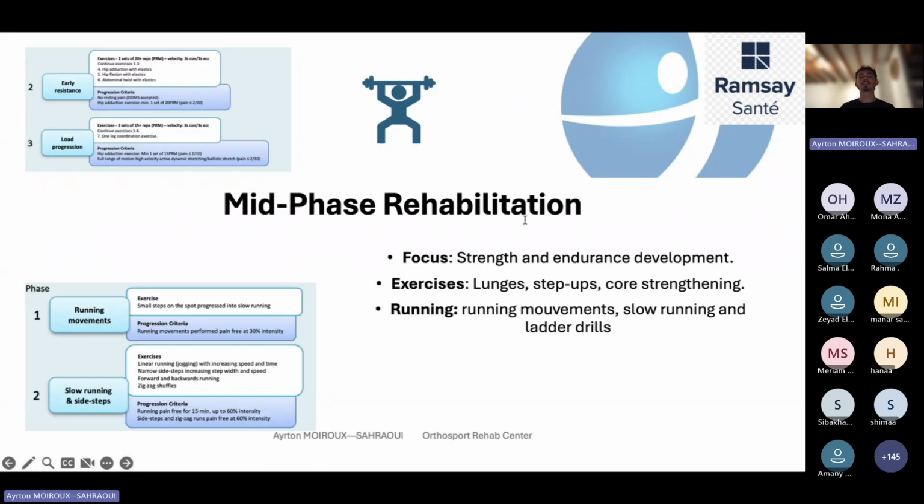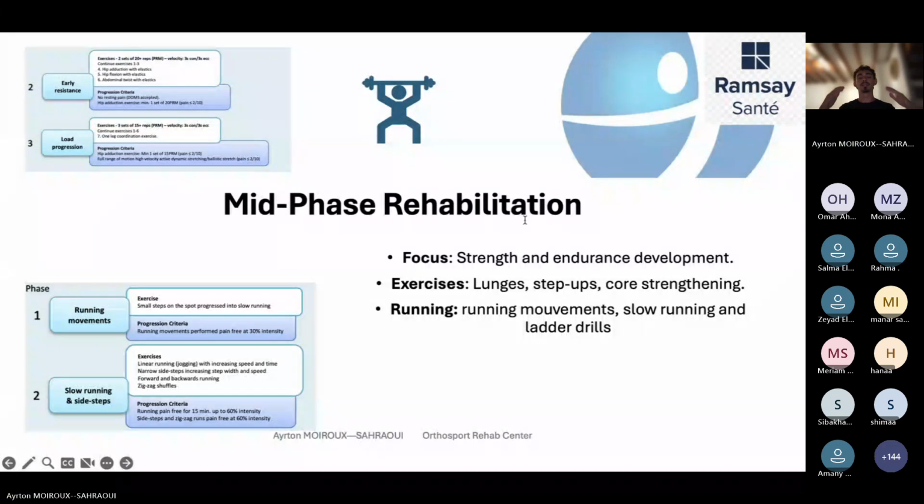But in the mid phase, you can restore strength, flexibility, and stability. Okay, that's where you build up your rehab. You need to introduce resistance exercises, okay, to the adductors, the core, hip muscles, okay. You need to put weight on the people. Don't be afraid. You need to be careful, okay.